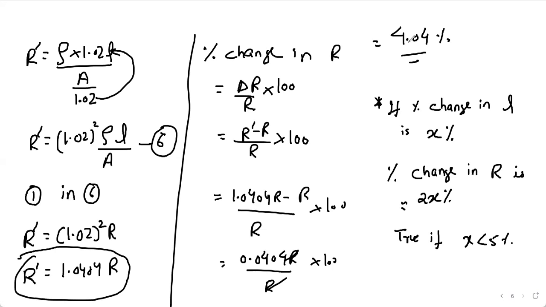This shortcut method will not give you the exact result, but to an approximation, it will be correct. So Fatma, if I say that percentage change in length is 3.5%, then what will be the percentage change in resistance?